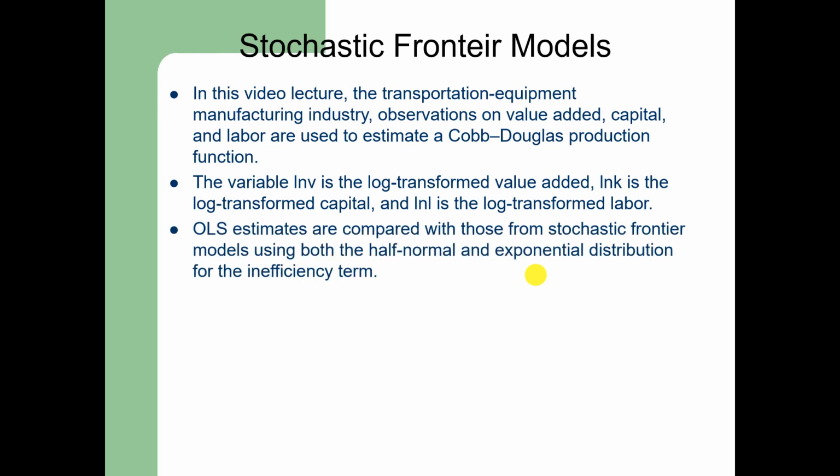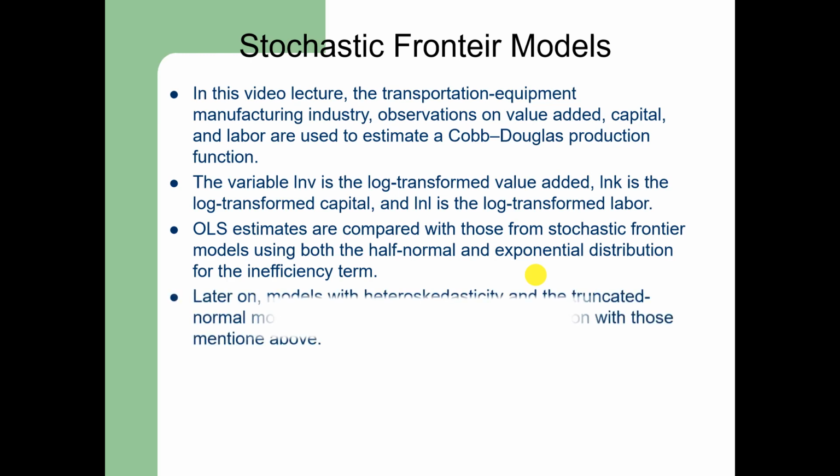OLS estimates are given, and they are compared with those of the stochastic frontier production models using both the half normal and exponential distribution for the inefficiency term. Later on, models with heteroscedasticity and the truncated normal model will also be estimated for comparison with those mentioned above.